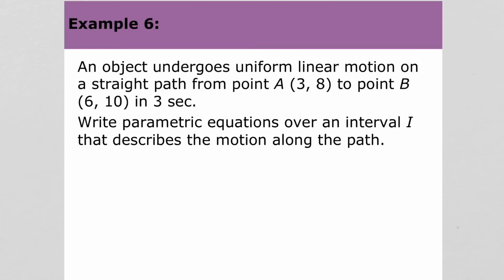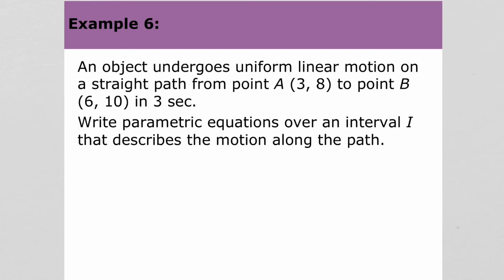So for example 6, it says an object undergoes uniform linear motion on a straight path from the point (3, 8) to point (6, 10) in 3 seconds. Write parametric equations over an interval I that describes the motion along this path. Okay.